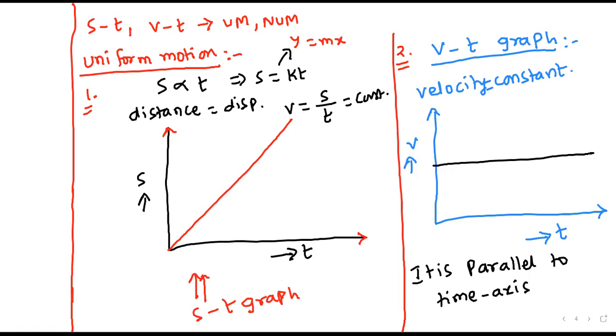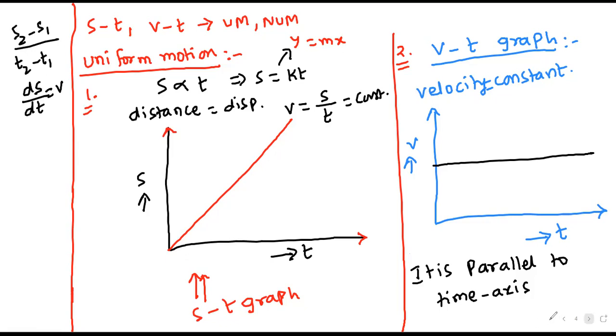That is y2 minus y1 by x2 minus x1, which is s2 minus s1 by t2 minus t1. That is the change in displacement by the change in time, which is nothing but velocity.